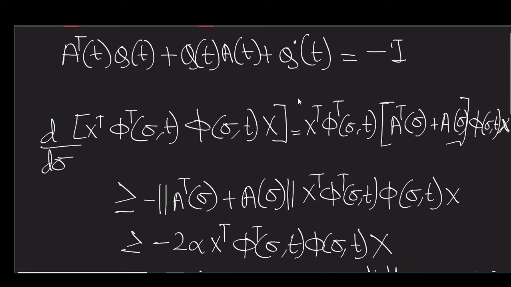So from that, what we can write is that A^T Q(t) plus Q(t) A(t) plus Q dot t, basically that is what you are going to get when you do that.